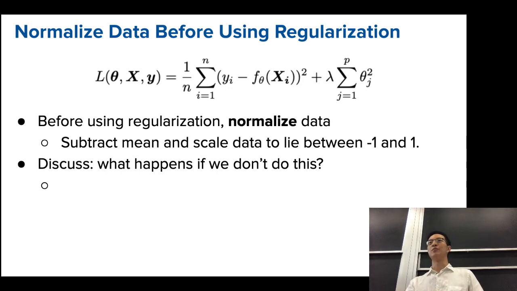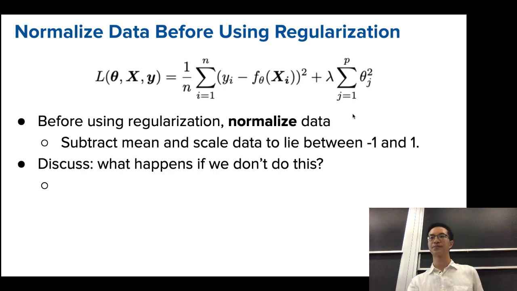If I have a column with the number of days I came to Evans, and another column with the number of people inside Evans each day, then the magnitude of those two columns will be very different. If I don't normalize the data, my model will try to select parameters for the number of times I came into Evans and the number of people in Evans, and it will penalize the features with the smaller numbers more.